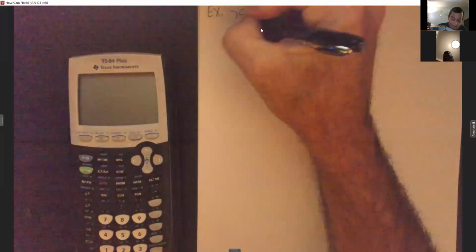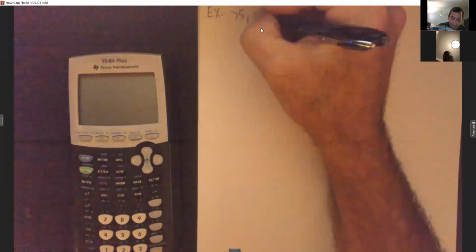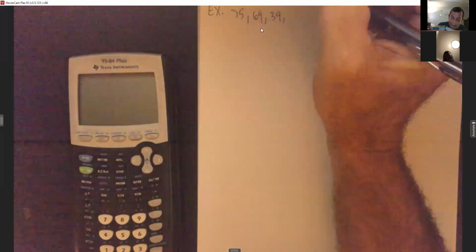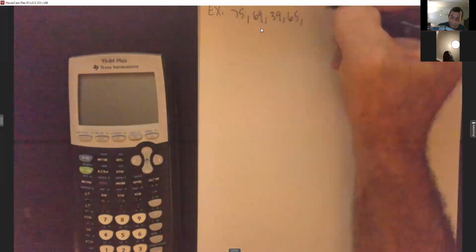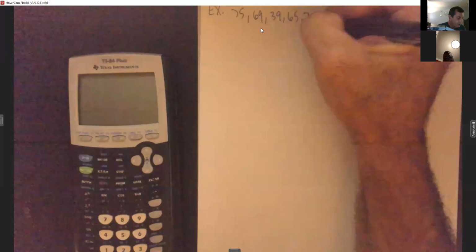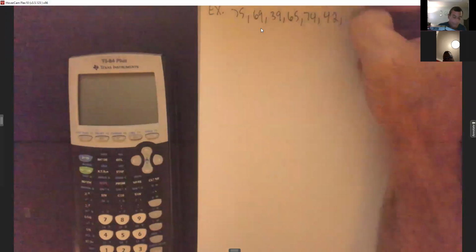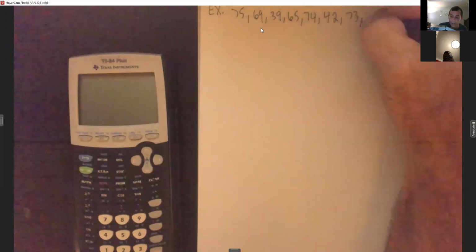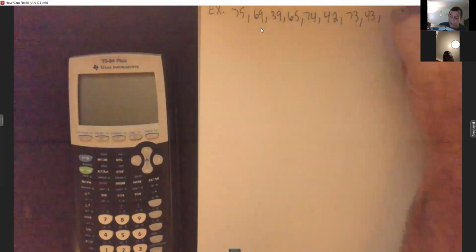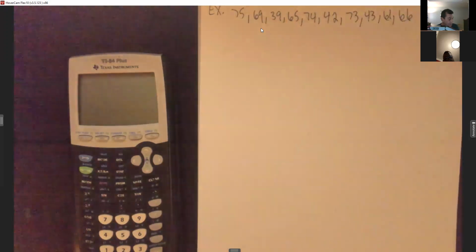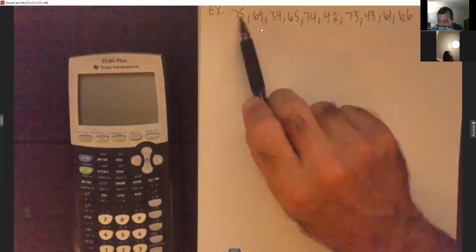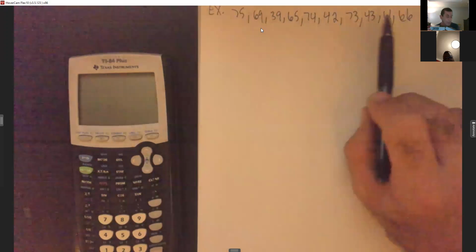All right, y'all, so we got 75, 69, 39, 65, 74, 42, 73, 43, 61, and 66. So I got 10 numbers here: 1, 2, 3, 4, 5, 6, 7, 8, 9, 10.